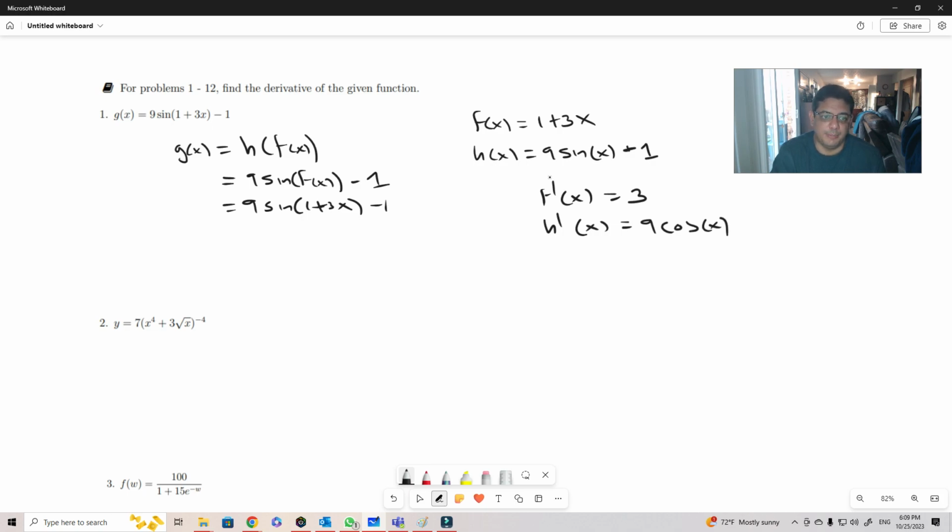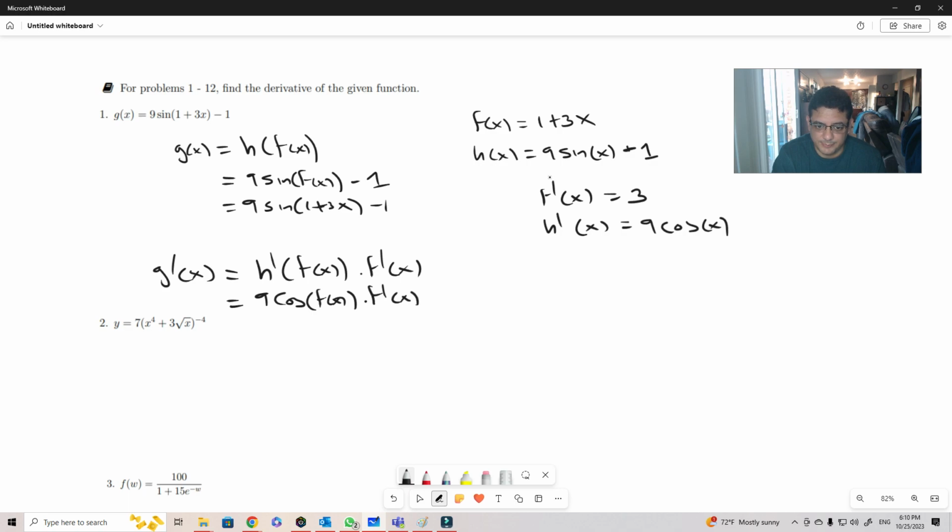And so because of that, then you can apply the chain rule formula, and g prime of x will be h prime compose f of x times f prime of x. Using what h prime is, this will be 9 cosine of f of x times f prime of x.